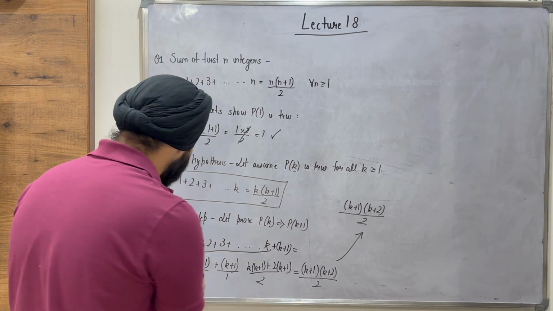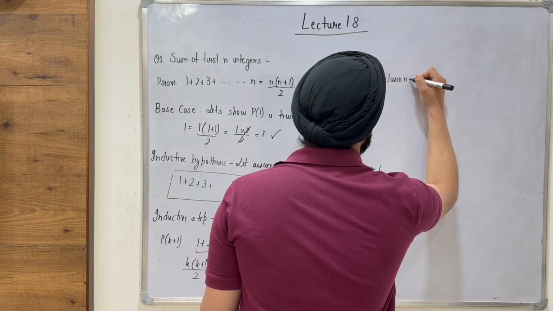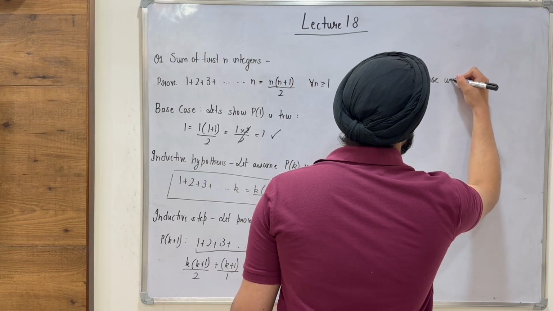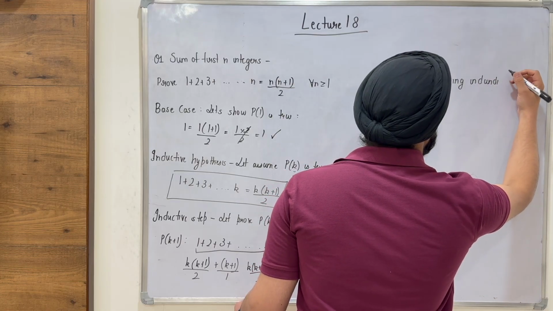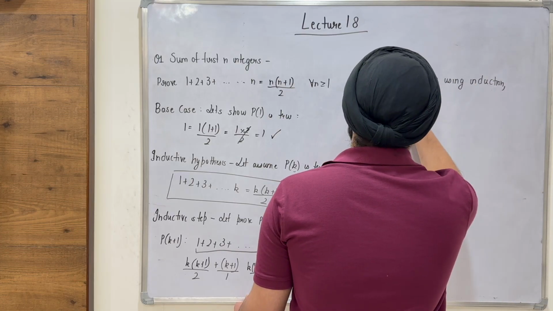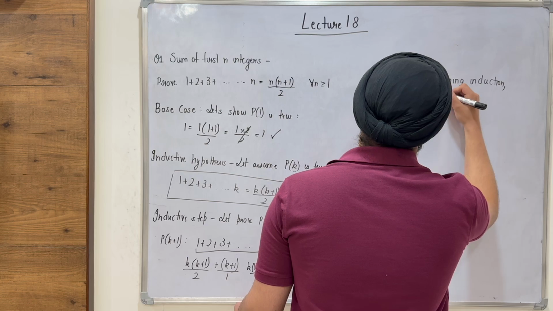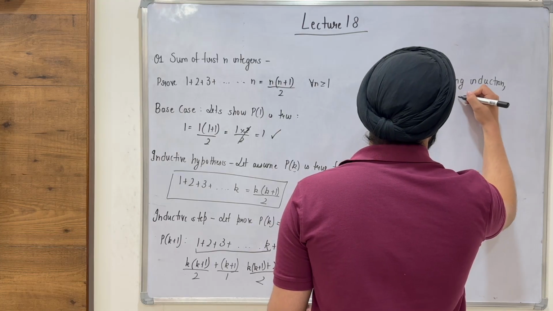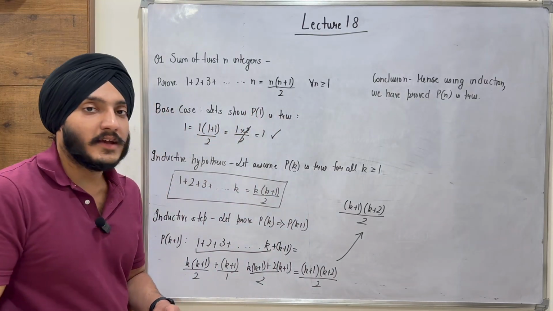And hence I can say finally the conclusion is p of n is true, right?